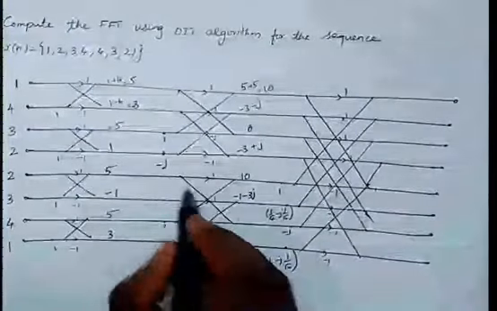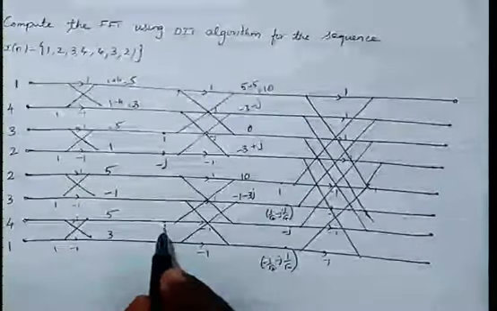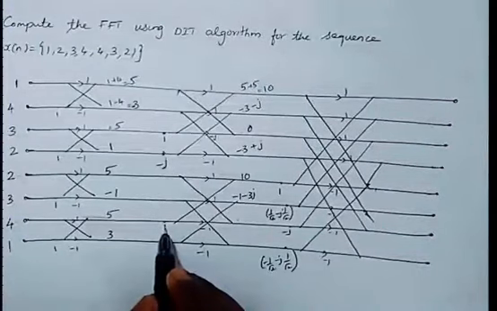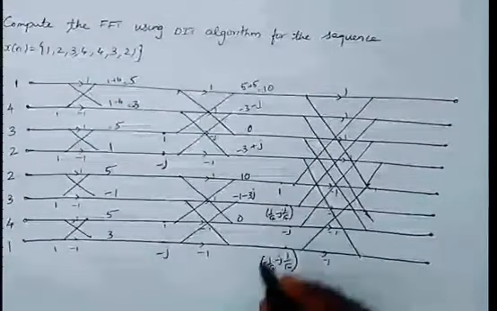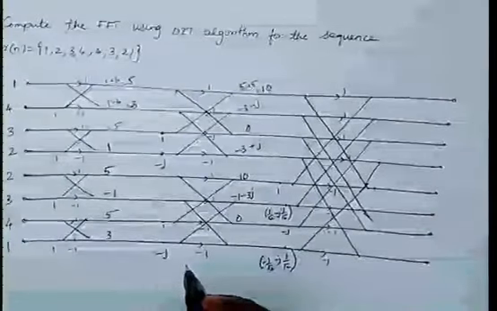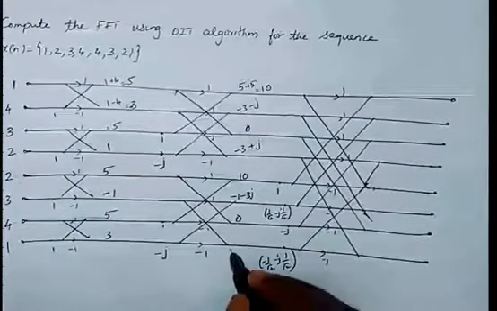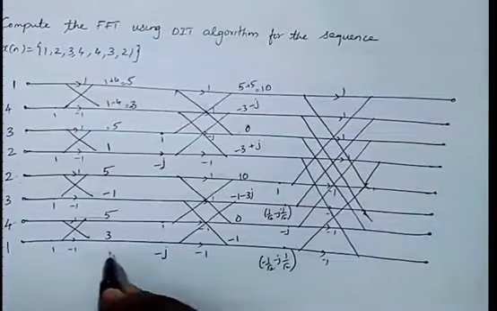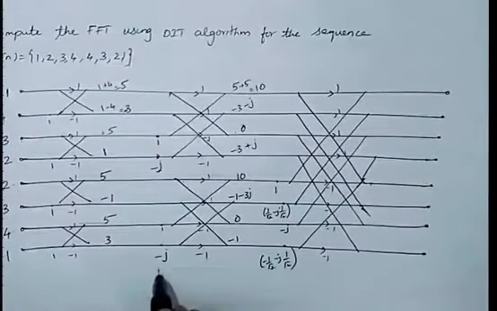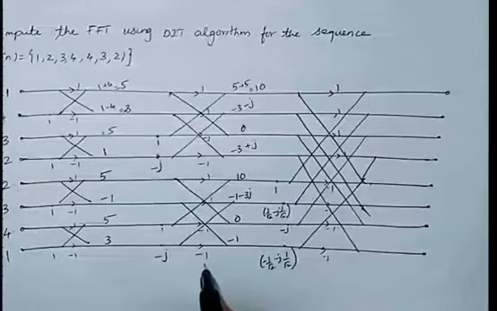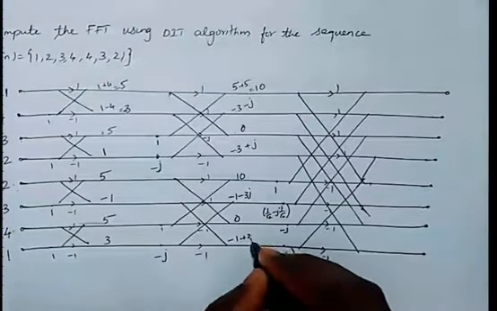Here is going to have 5, then 5 into 1 is 5, and 5 into minus 1 is minus 5. So 5 minus 5 is going to be 0 here. And what about this? We have minus 1, then 3 into minus j is minus 3j, into minus 1 is plus 3j. So it is minus 1 plus 3j.